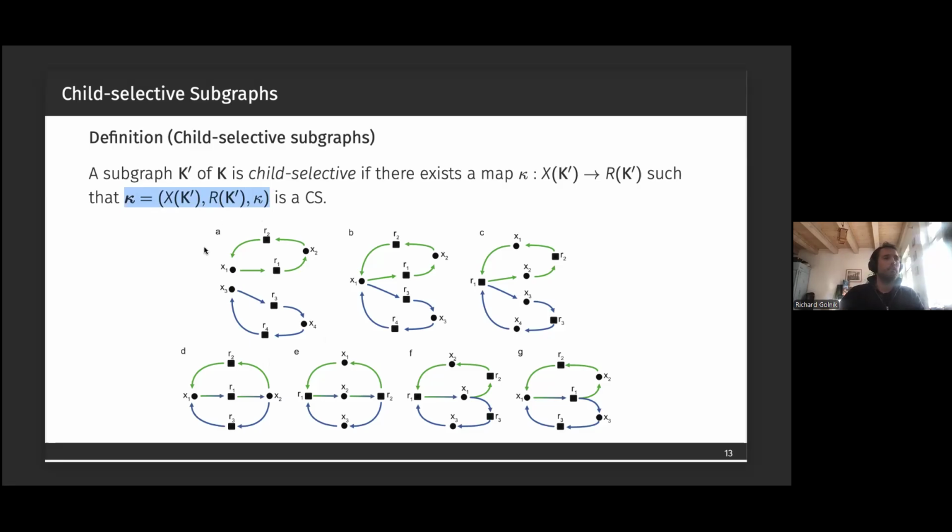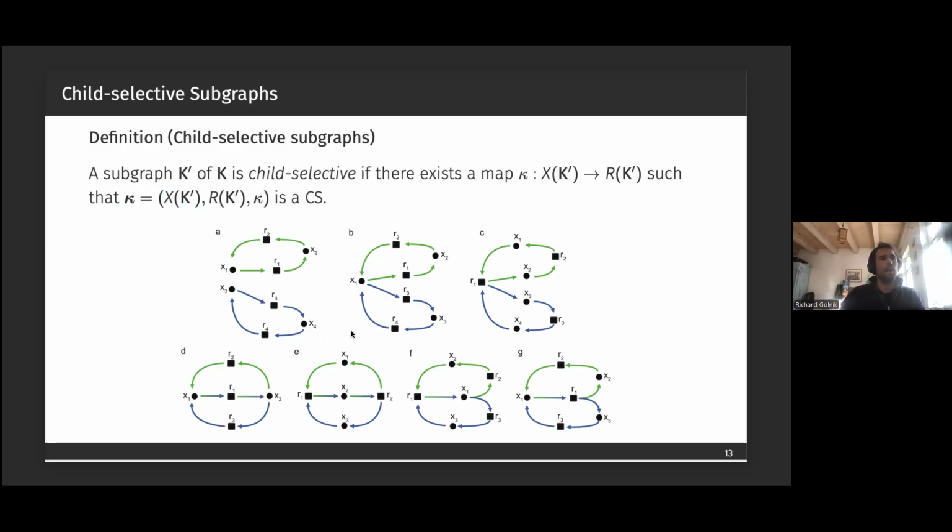Of these examples I've drawn here, the first one, yes, this is child selective. These are two elementary circuits which are not connected. Elementary circuits are in general child selective, and of course, if they're not connected, then their union is also child selective.